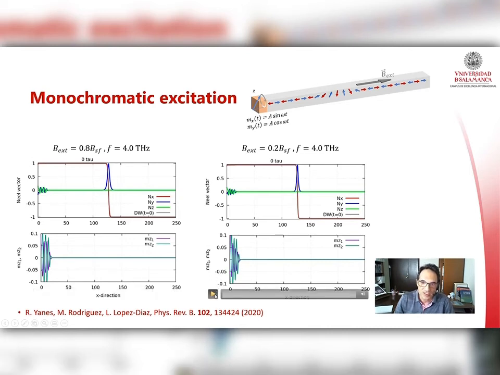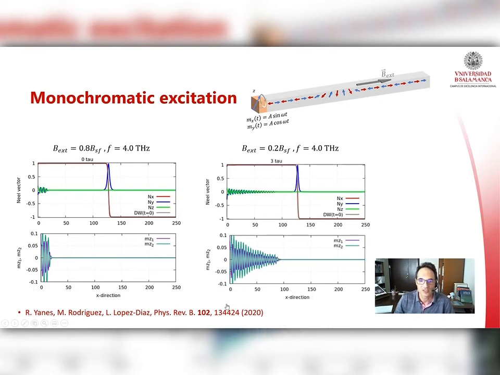So let's see first, for a small field, how the spin waves reach the domain wall and pass through without significant modification. As a consequence of this, the domain wall moves slightly to the left, but this can hardly be seen because the displacement is very small.